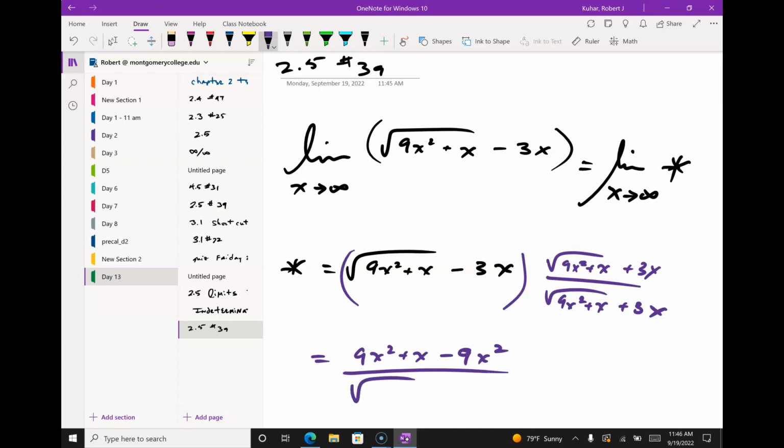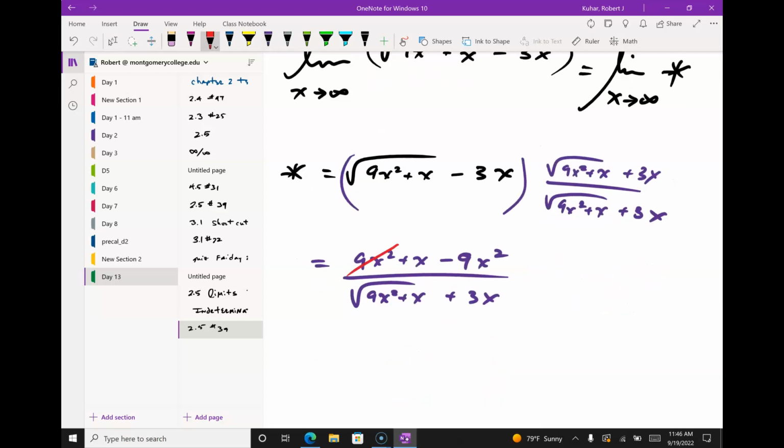All over the conjugate. So the 9x squared terms cancel, right? We okay here? What's my highest power of x anywhere? The highest power of x.